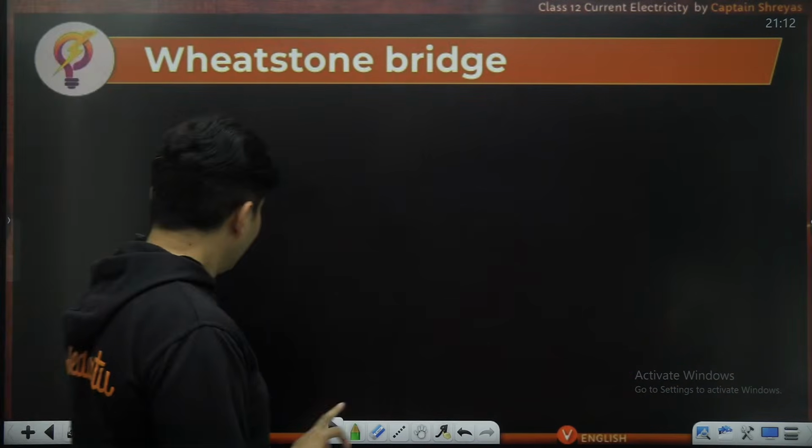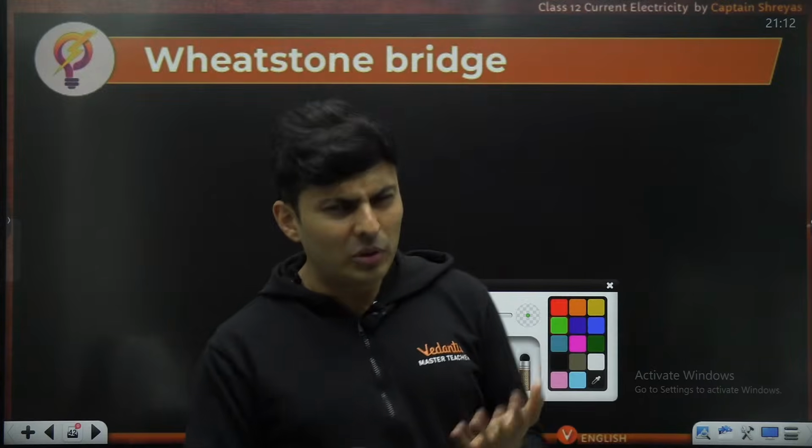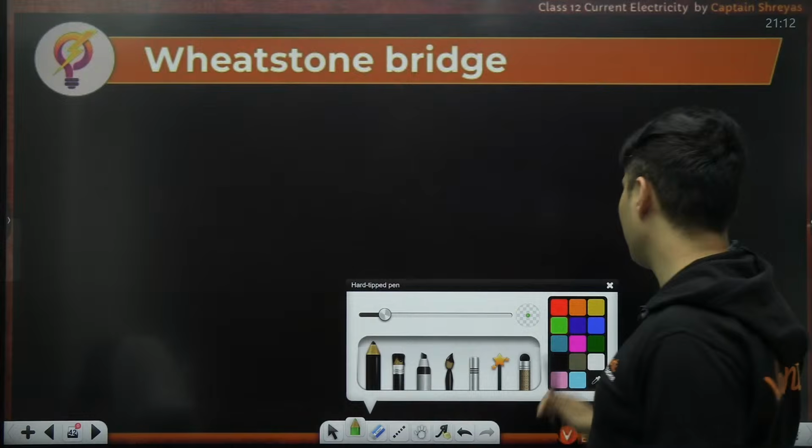Well, guess what? There is something which is related to kind of symmetry, but even better than that, and that is Wheatstone's arrangement.